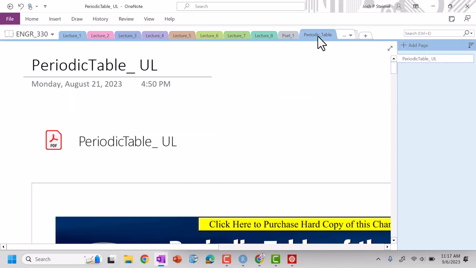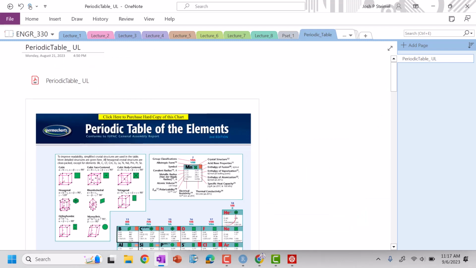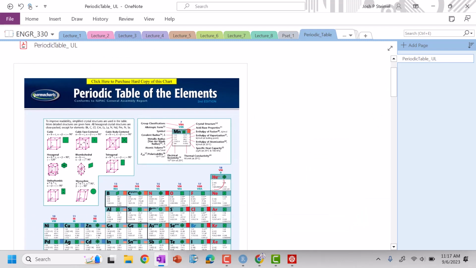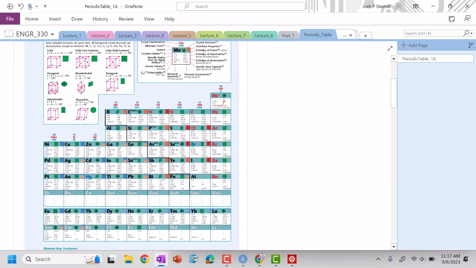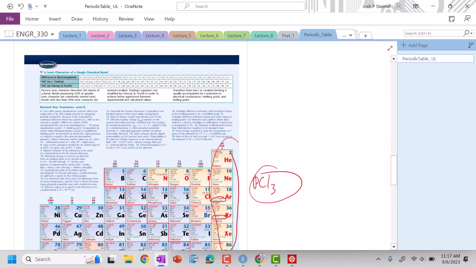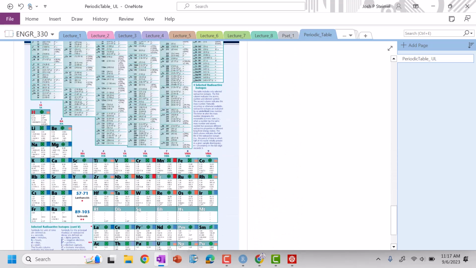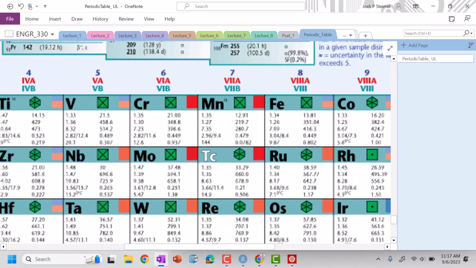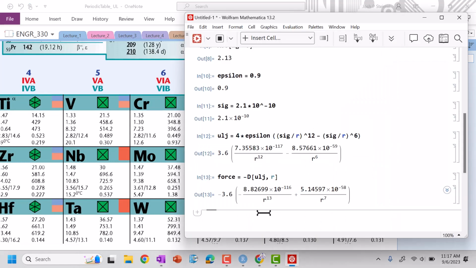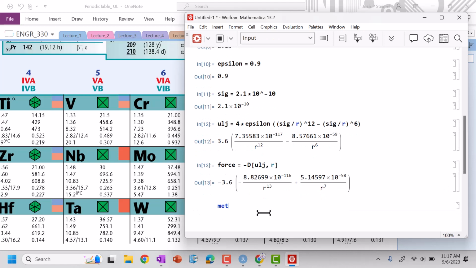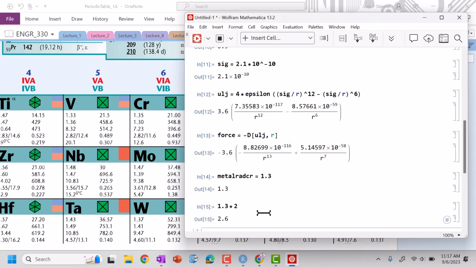So for chromium, if we look up the metallic radius, which is right there, second from the bottom, chromium, where art thou, chromium? It is 1.3. So 1.3 is going to be our metallic radius. So the metallic radius of chromium equals 1.3 angstroms. So our equilibrium distance is going to be 1.3 times 2, so 2.6.